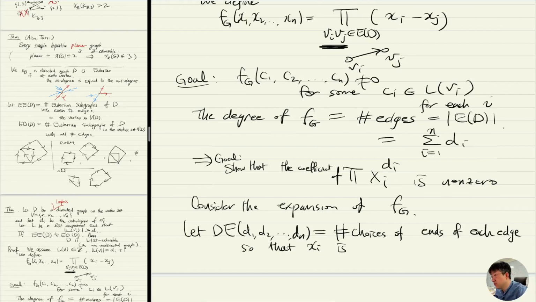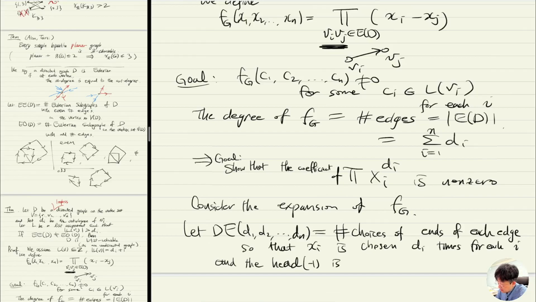So dE of d1 up to dn is the number of choices of ends of each edge, so that xi is chosen di times for each i, and the head, so minus 1, right? So if it's a head, then we multiply by minus 1. The head is chosen an even number of times.